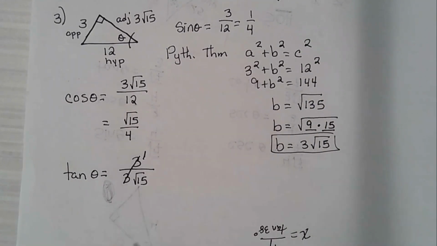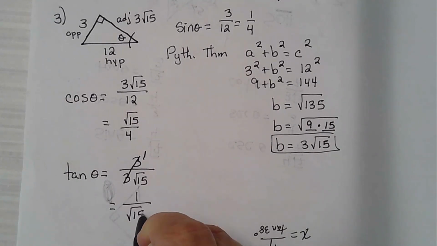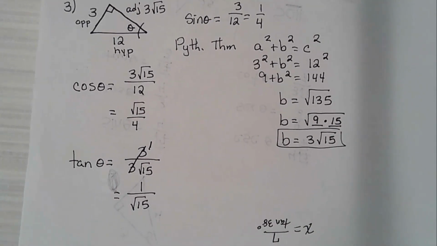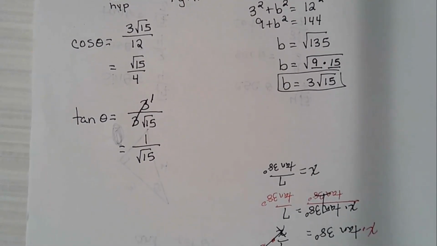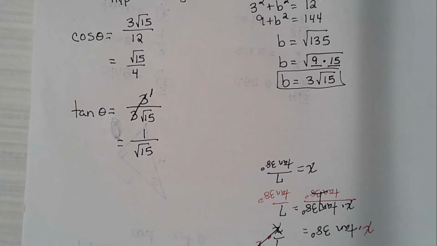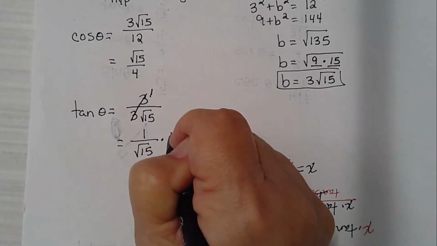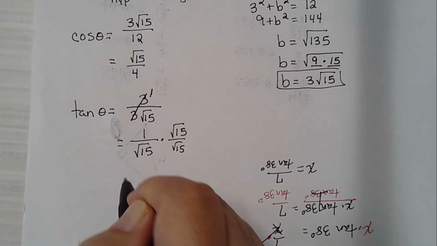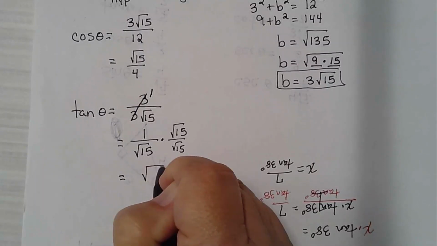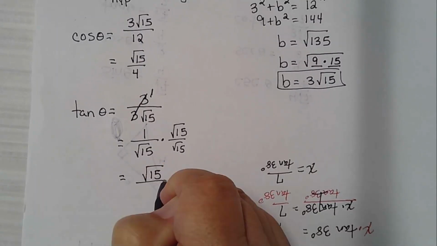So now this is going to equal 1 over the square root of 15. That is the correct numerical amount, but that answer is not simplified. The agreed upon mathematical convention is that square roots don't stay in the denominator. So we're going to multiply by square root of 15 over square root of 15, and your simplified answer would be square root 15 over 15.